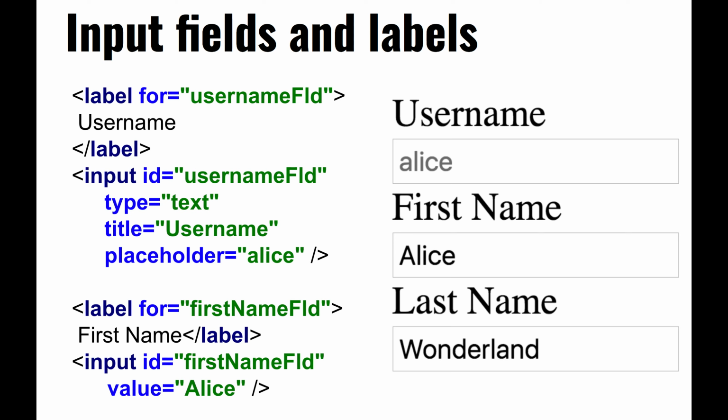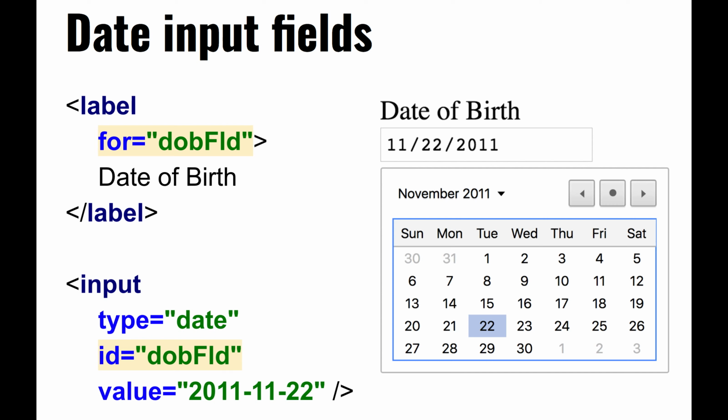But this is also based on what data type it is. Is it a text? Is it a date? Is it an email? It has to have the right value. So for a date, the standard format is 4-digit year dash 2-digit month dash 2-digit day.